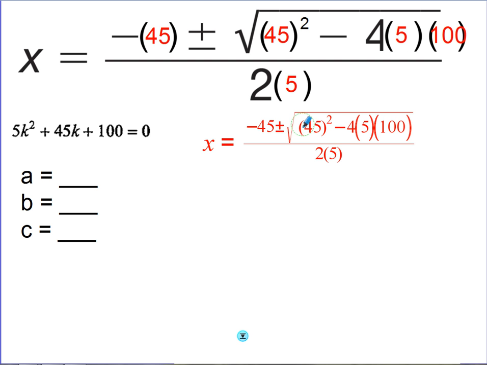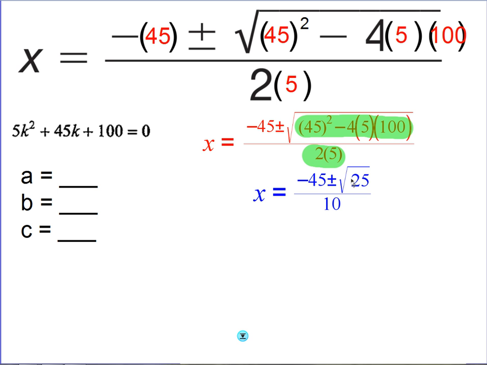Here again, we're going to simplify the radical. Oh, and by the way, I do the 2 times 5 at the same time, but that's pretty easy. Okay? So negative 45 plus or minus, if I type all this in my calculator, I get 25. Oh, it's a perfect square. Isn't that nice? And 2 times 5 is 10.